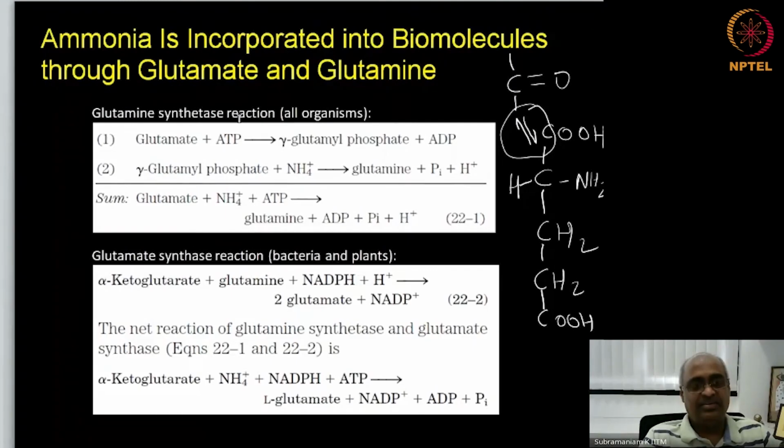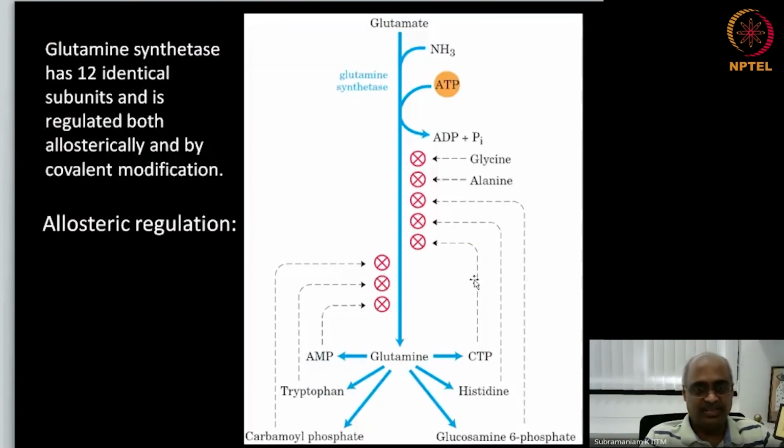This is what incorporates ammonia into the biological system in all organisms. Due to that, this is subject to really serious regulation, and that regulation is outlined in this as well as the next slide.